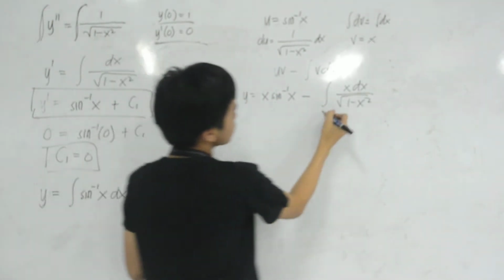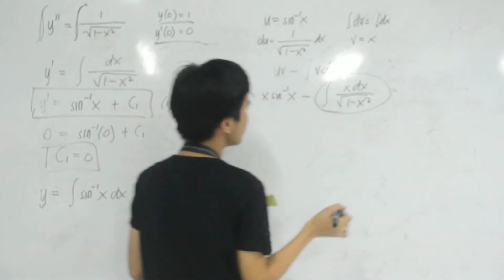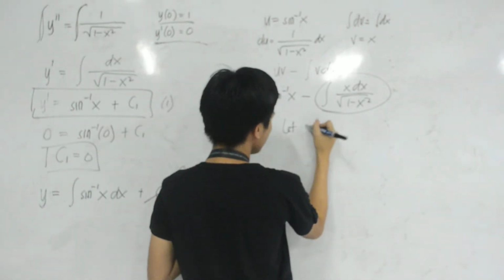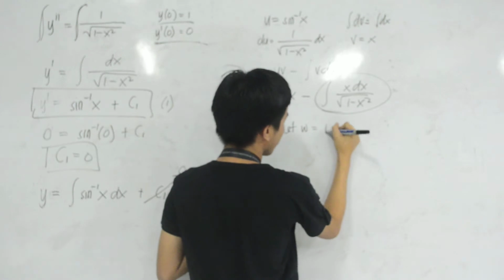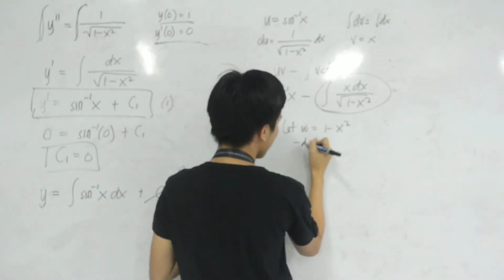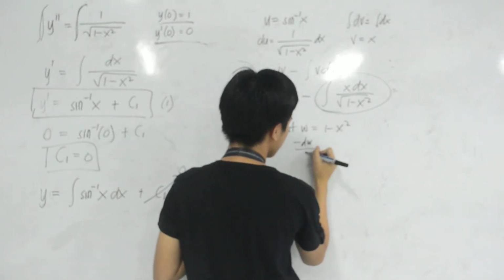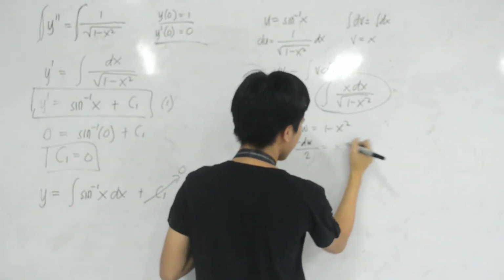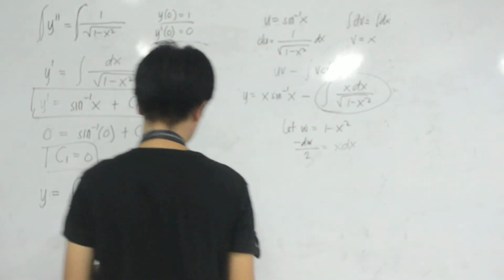And to get the solution for this given integral, we will let w is equal to 1 minus x squared. So our dw over 2 is equal to x dx.